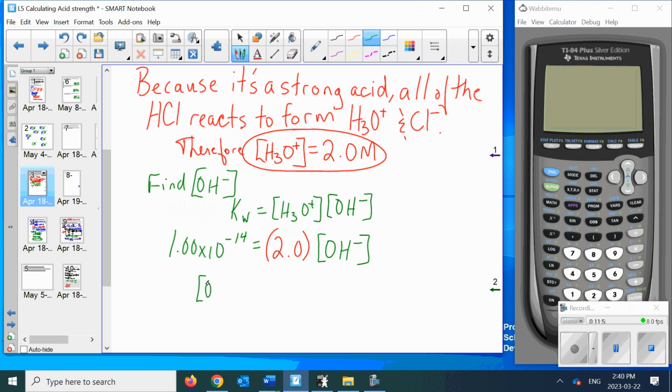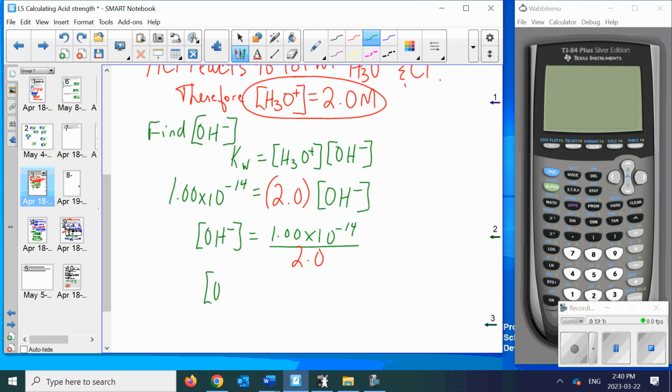Hydroxide is 10 to the minus 14 divided by 2. When you do the division, we find that the hydroxide concentration is 5 times 10 to the minus 15.